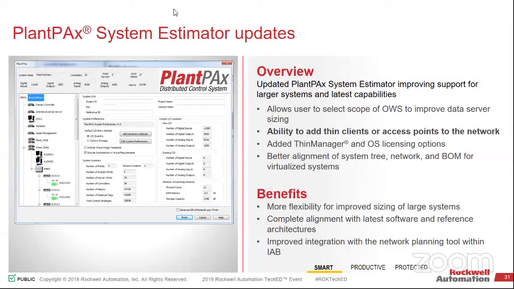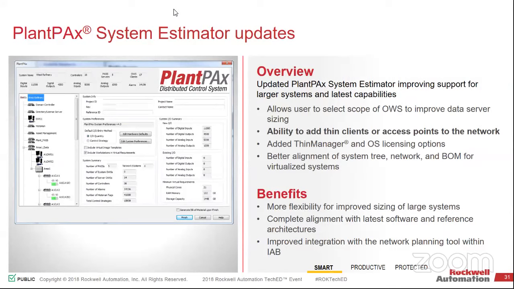So a couple of things. There've been some updates to the way that operator workstations are sized, and that's been implemented in 4.5. The estimator has also added the ability to add thin clients and Thin Manager technology, where before on older versions you had to do that yourself.